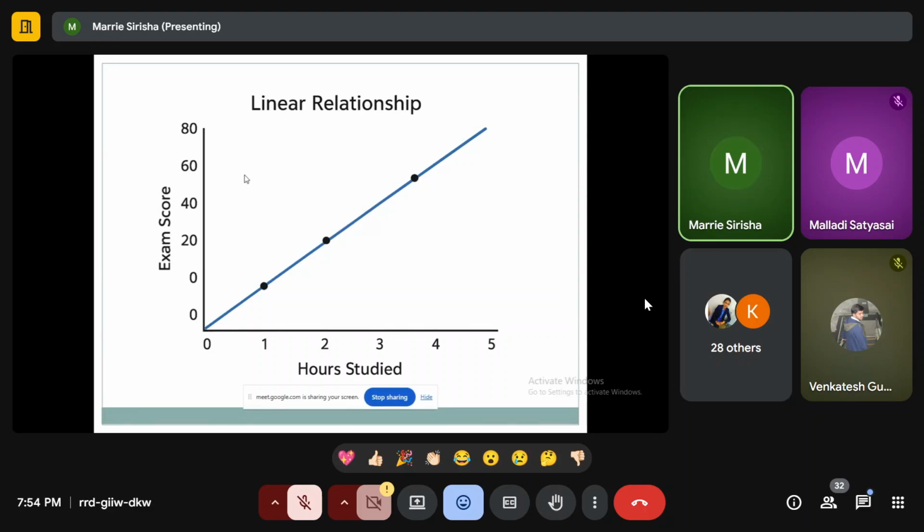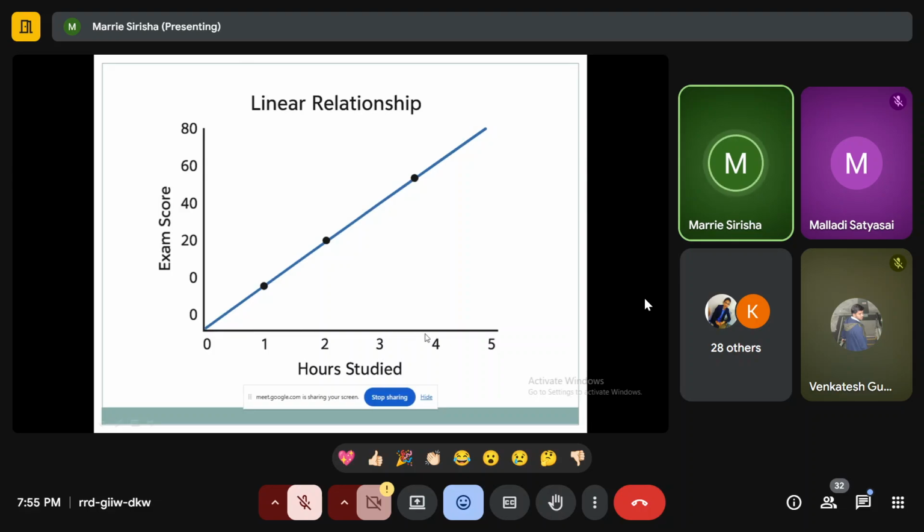See, here I have taken 0, 1, 2, 3, 4, 5 on my x-axis, and on the y-axis the exam score up to 80. If the student has studied only for 1 hour, his exam score will be 0 generally. If he studied for 2 hours, then his exam score will be 20.